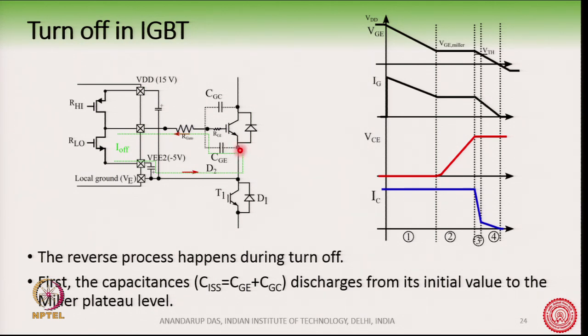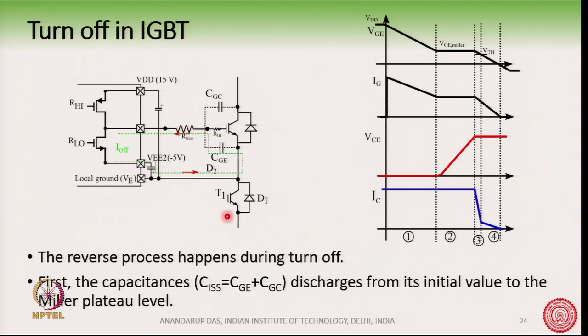You can see here that this capacitance is going to be discharged through this MOSFET. During turn off, we will turn on this MOSFET and turn off this MOSFET. So, it will go through like this, go through like this, and will complete the path like this here.